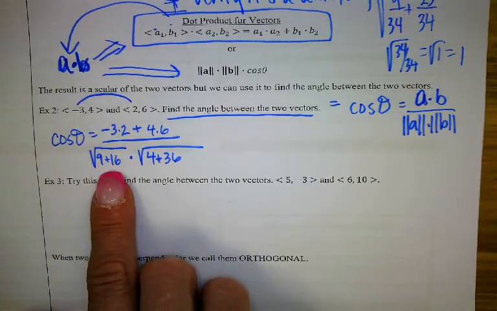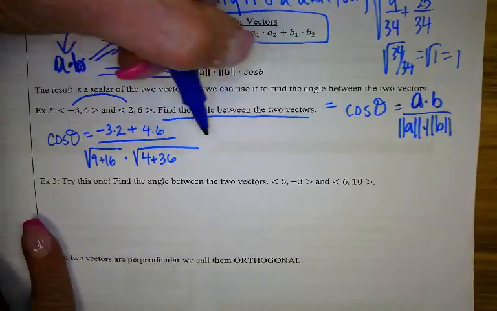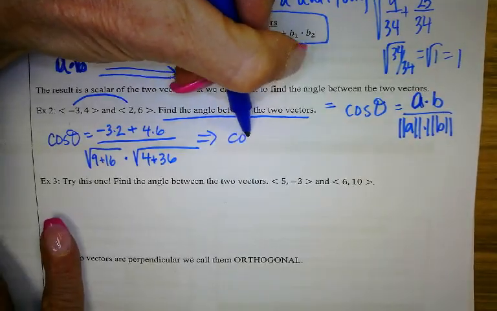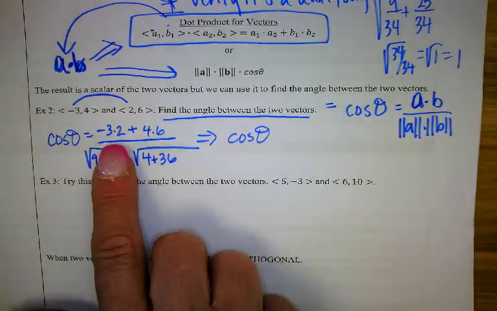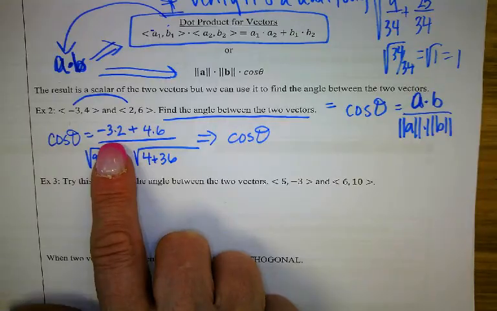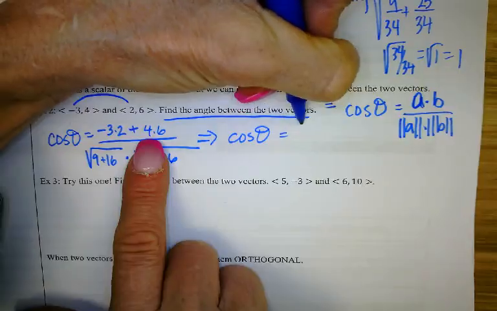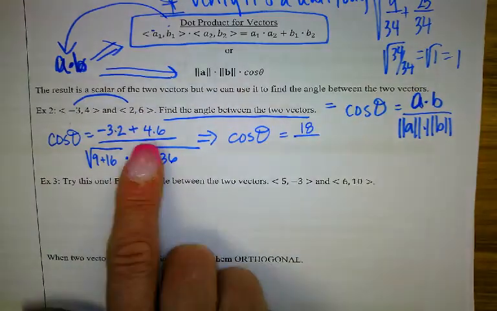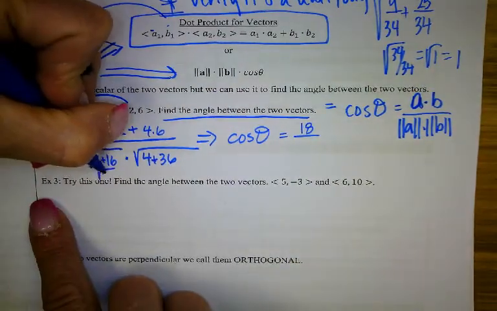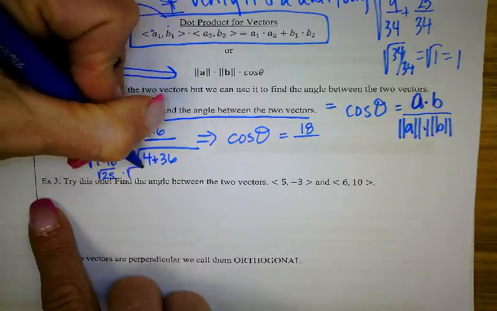All right, so the dot product will be negative 6 plus 24, which is 18. And this is the square root of 25 times the square root of 40. Well, I know the square root of 25 is 5.